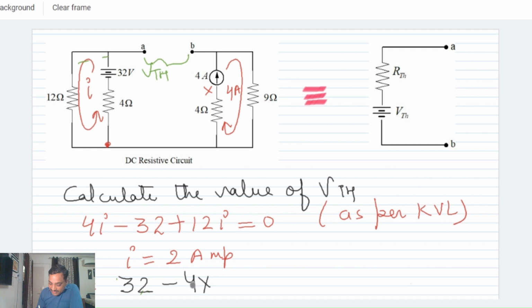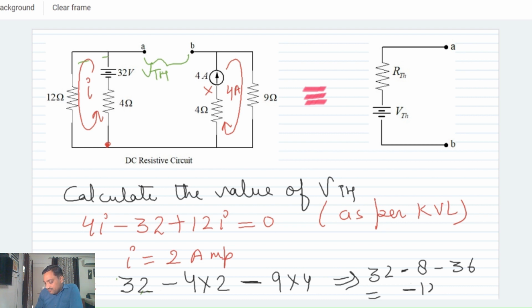So it will be minus of 4 into the current, that is 2, then coming to the 9 ohm resistor, again the current flowing in the 9 ohm resistor is opposite to our direction. So it will be minus 9 into 4, and again it will be 32 minus 8 minus 36, and that will be equal to minus 12 volts.